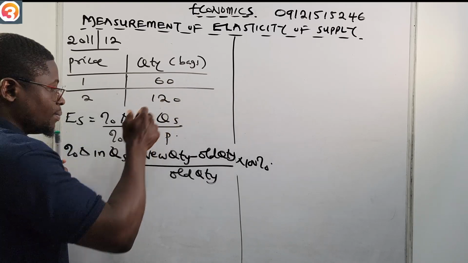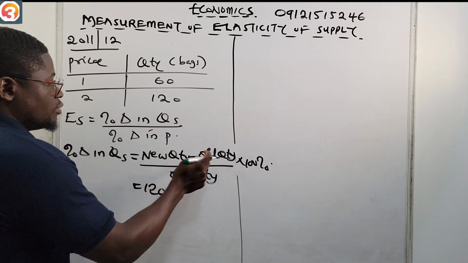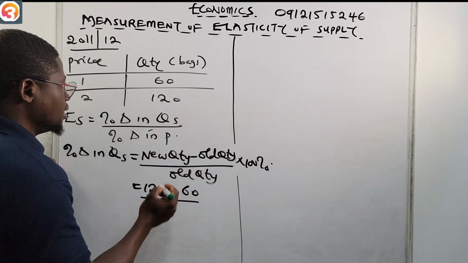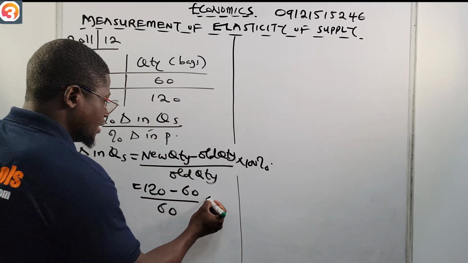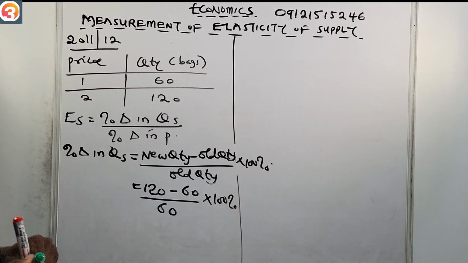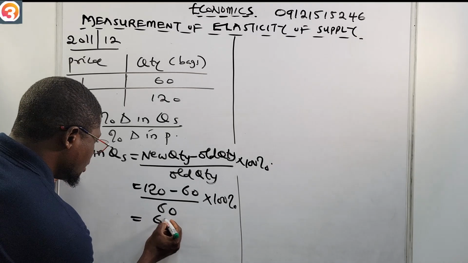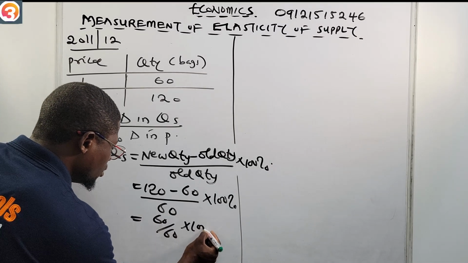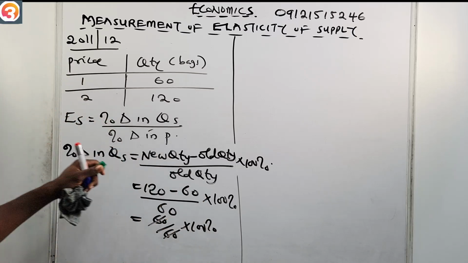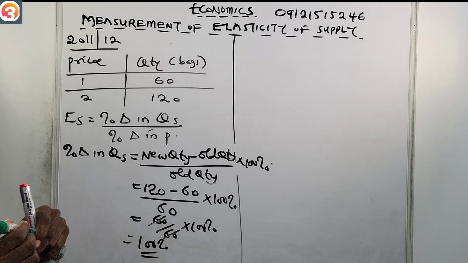So I'm going to have 120 minus 60, all over the old quantity, 60, times 100%. 120 minus 60 is 60, over 60 times 100%. 60 will cancel 60. Our percentage change in quantity supplied will be 100%. Let's take note of that.